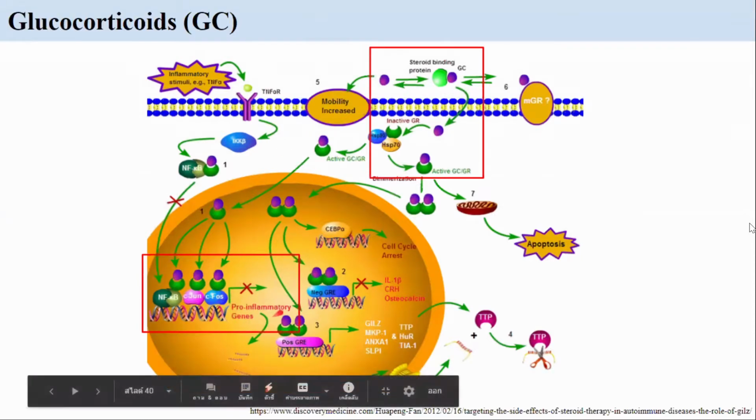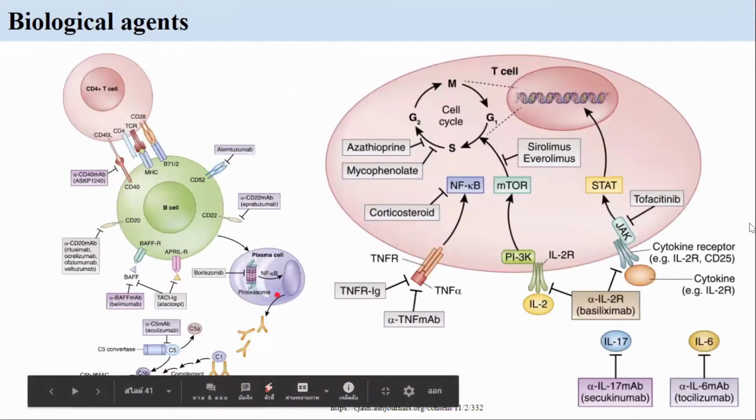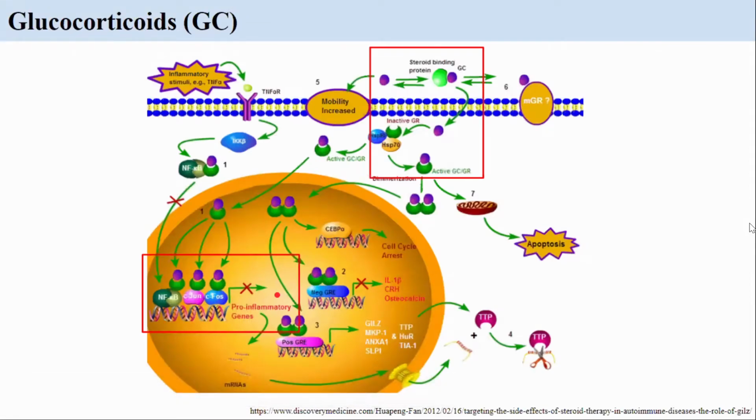GR is the GC receptor. The complex can directly bind with the transcription factors of the pro-inflammatory genes, so transcription, translation, and expression of pro-inflammatory cytokines cannot occur, which means there are no cytokines to respond to the virus infection.